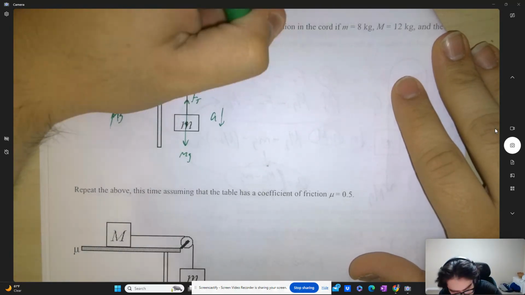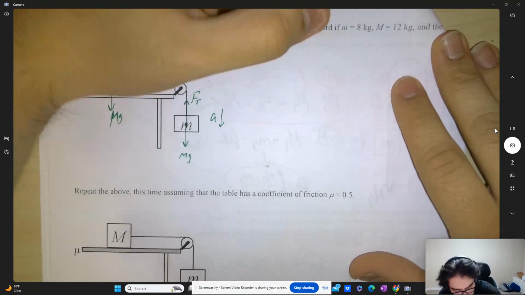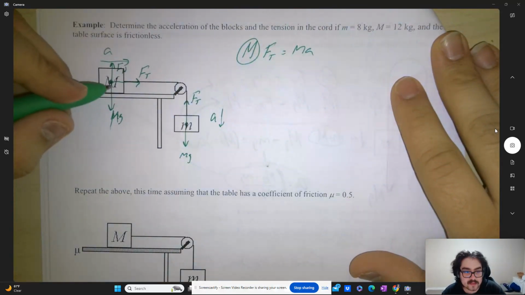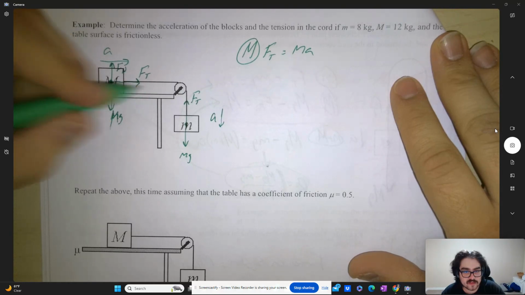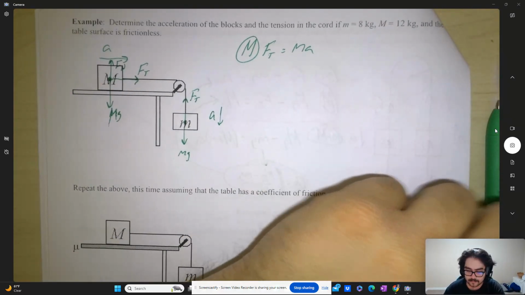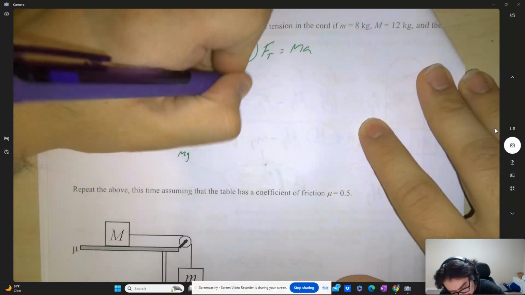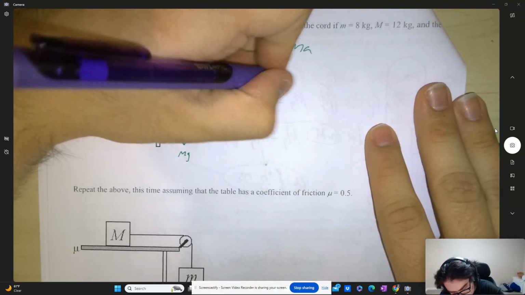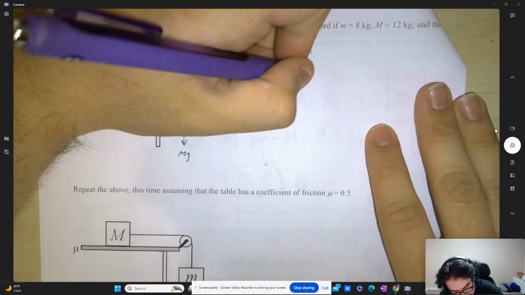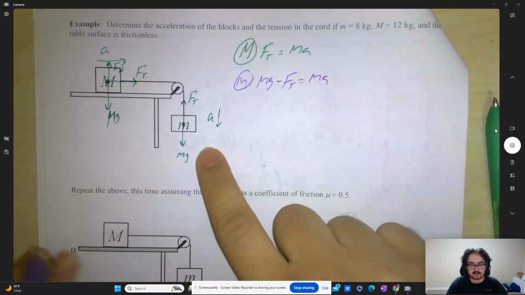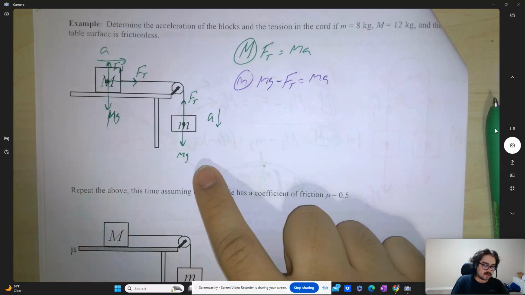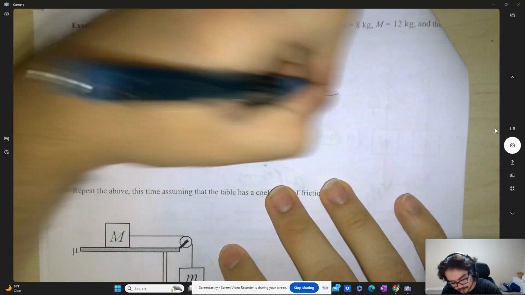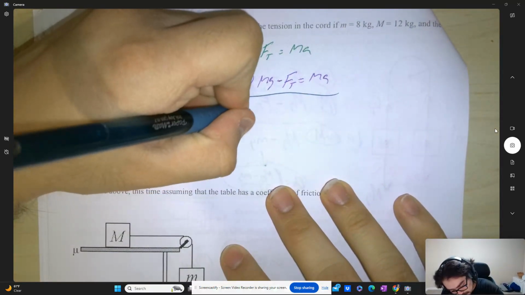Here's my expression for capital M: FT equals Ma, because for capital M, we only have tension force pulling in the right direction. For little m, I'm going to write mg minus the tension force equals ma, because little m is accelerating downwards.